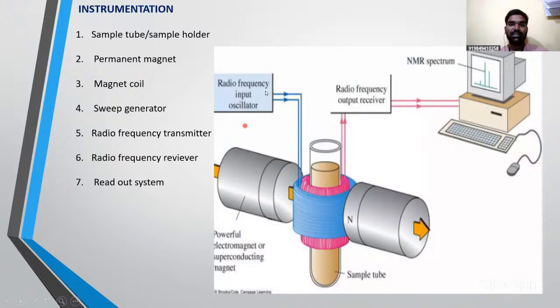This is the radio frequency transmitter, the input oscillator you can see, and this is the radio frequency receiver. This is the readout system, which can be connected to the system, and we can see the result here. So, these are the seven components. We'll elaborate these seven components.